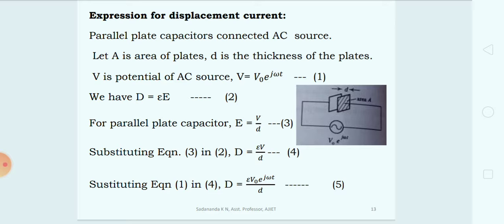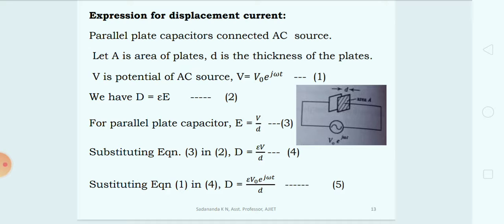So in turn, displacement current id is equal to dou by dou t of vector D into A. I have substituted the value of vector D, that is expression number 5, in the id equation.